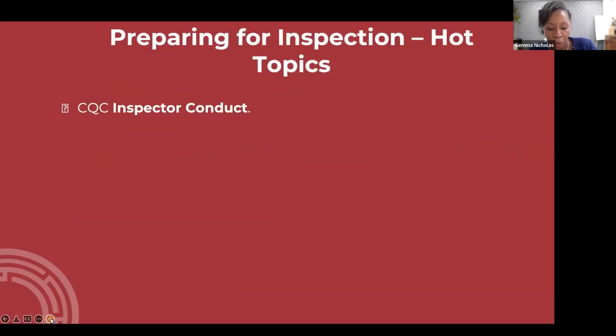the first hot topic is CQC inspector conduct. And this we have seen with the CQC's move to risk-based inspection. So we have seen that the CQC inspectors come in to inspect with quite an abrasive and hostile attitude, looking for problems and not really giving providers a fair chance to show all the positives.